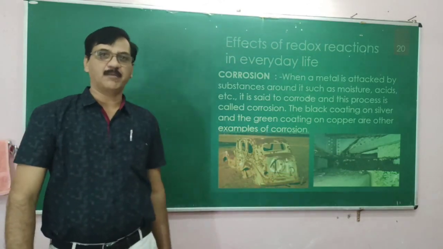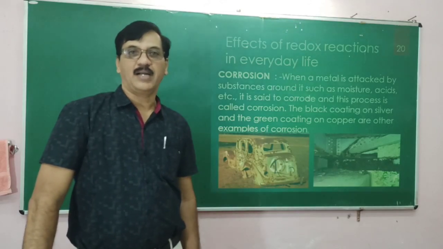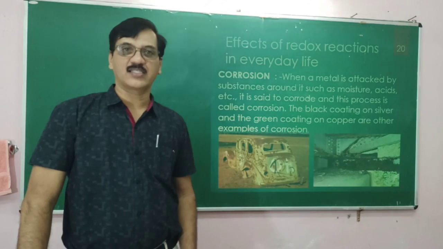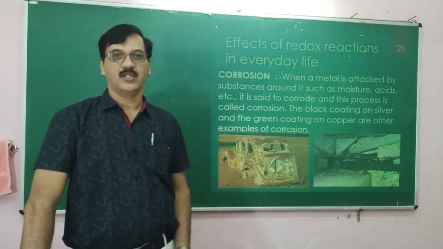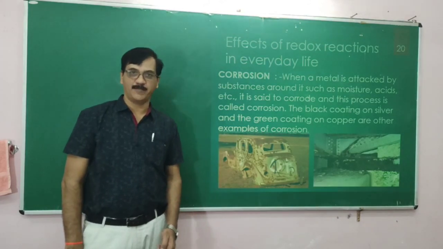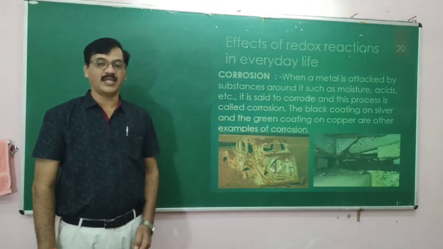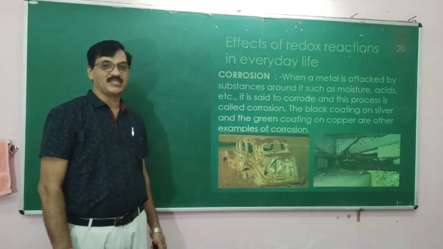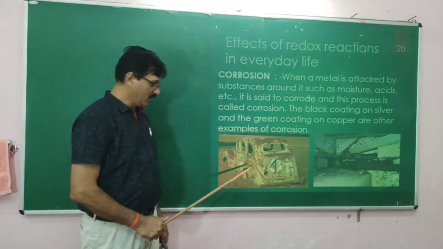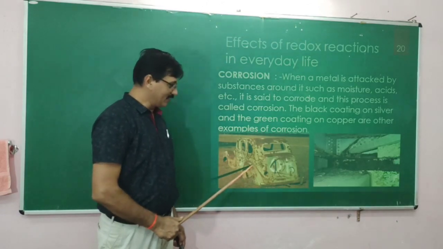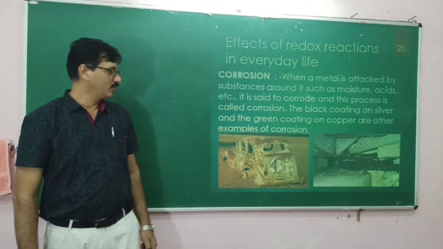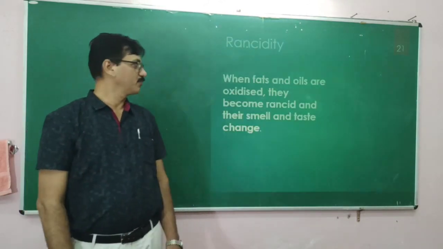It can be prevented by using a coating of zinc. If it is given, it is called galvanization. Galvanization is making a coating of zinc, or by painting, oiling and greasing we can avoid surface reactions. So, if this is regularly painted, probably this kind of rusting will not occur.